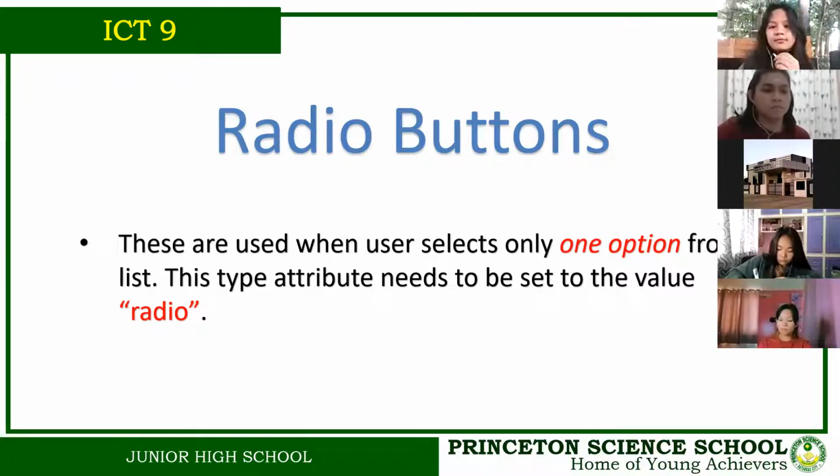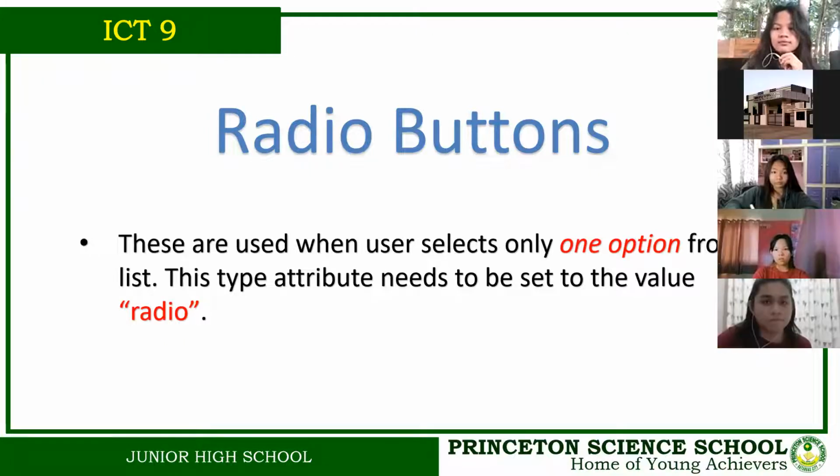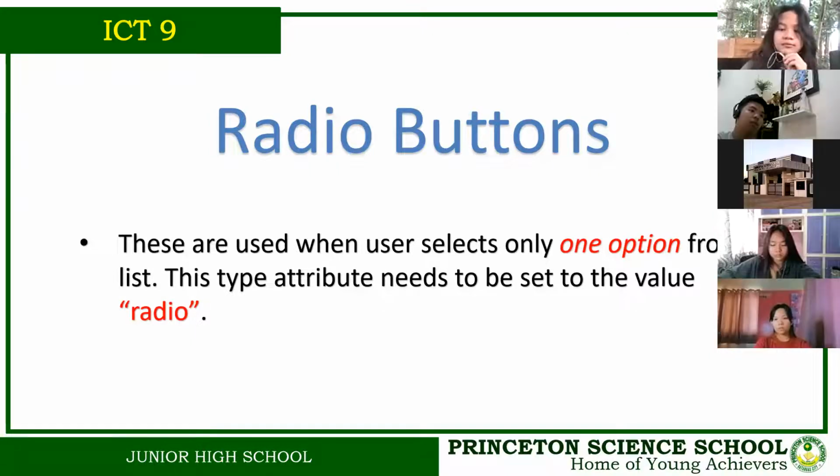Okay, give one. Yes, JP. When you're taking a quiz, in a multiple choice type of exam, of course there will be multiple options there, so you can only select one. What else?